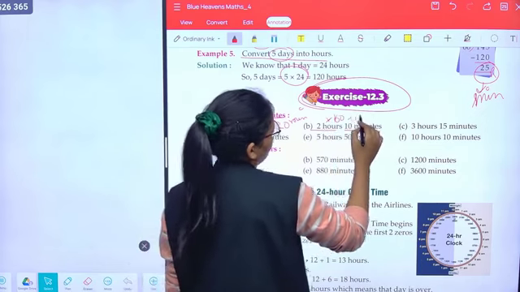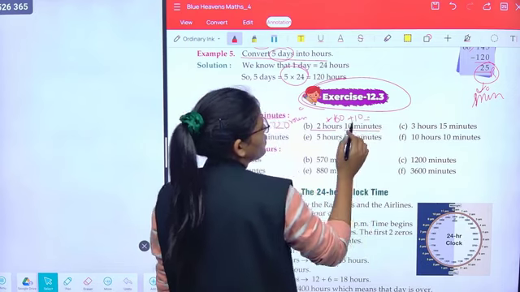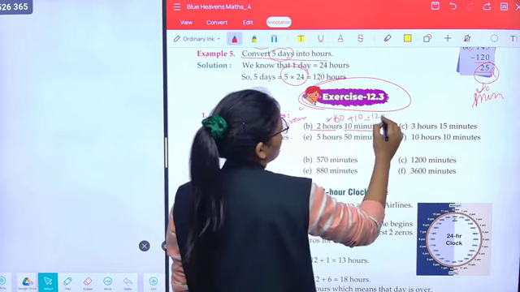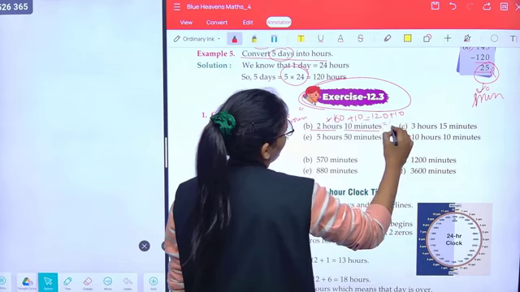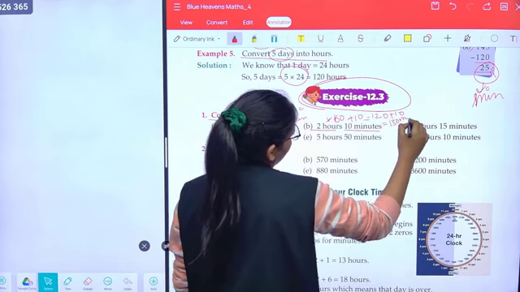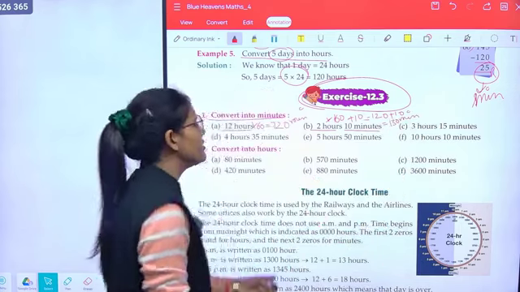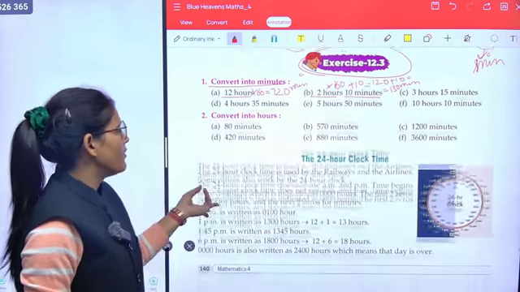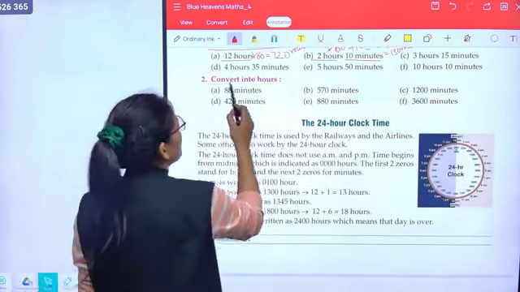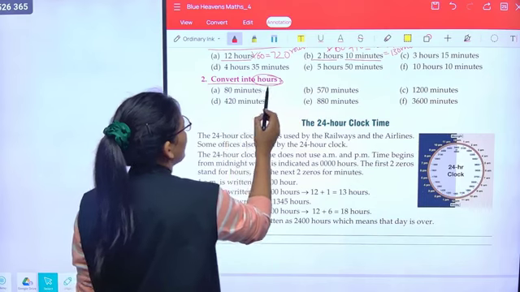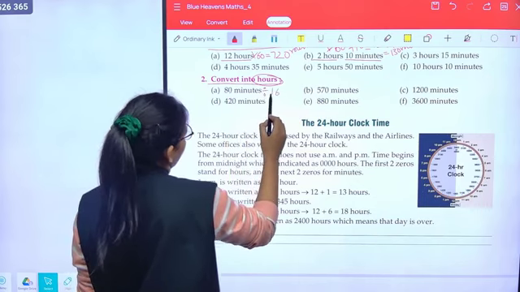Okay, और plus 10. 6 twos are 12, 120 plus 10 is equal to 130 minutes. Okay class. Now students, rest of the parts do yourself. Now convert into hours. क्लास अब हम इसको डिवाइड करेंगे किससे, 60 से.